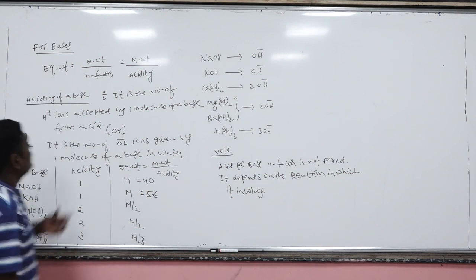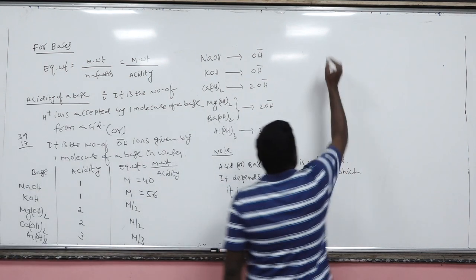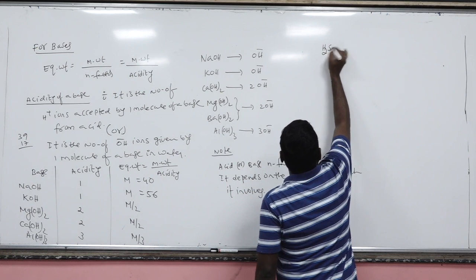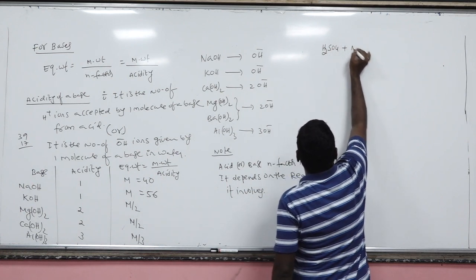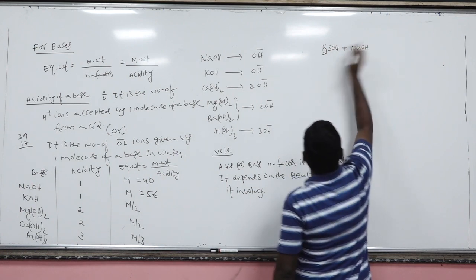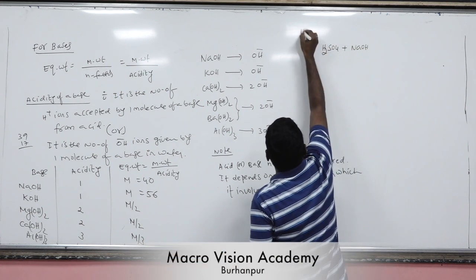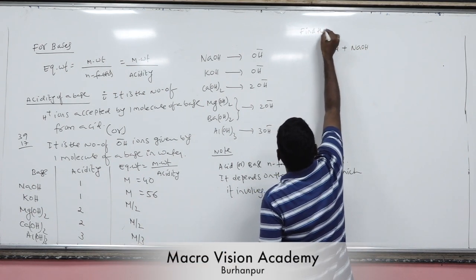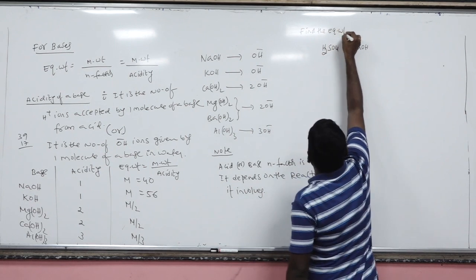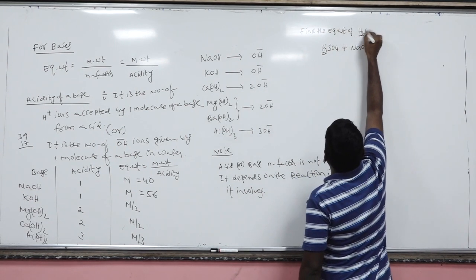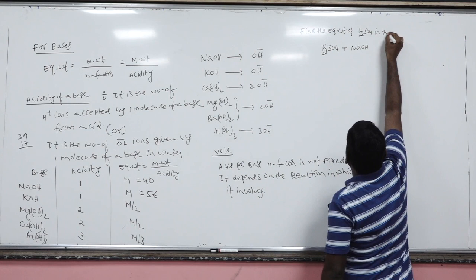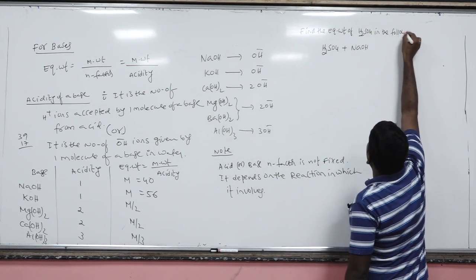Let's suppose sulfuric acid reacts with sodium hydroxide. My question is, find the equivalent weight of sulfuric acid in the following reactions.